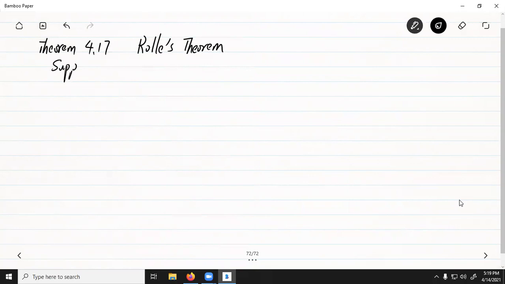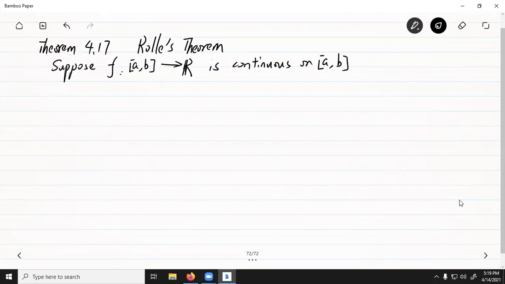Suppose f, which is from a closed interval [a, b] to R, is continuous on the closed interval and differentiable on the open interval.